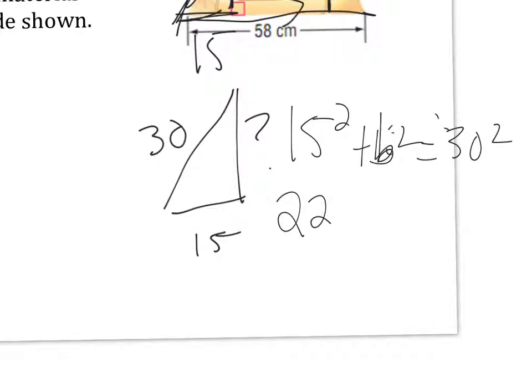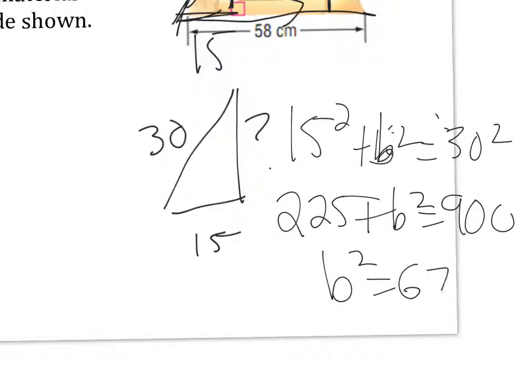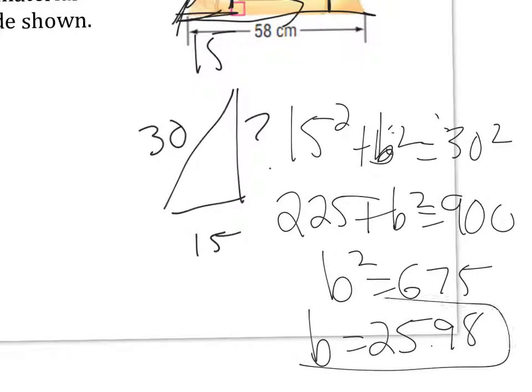So that's 225 plus b squared equals 900. So 900 minus 225, b squared equals 675. So b is going to be about 25.98. I'll leave it at that.